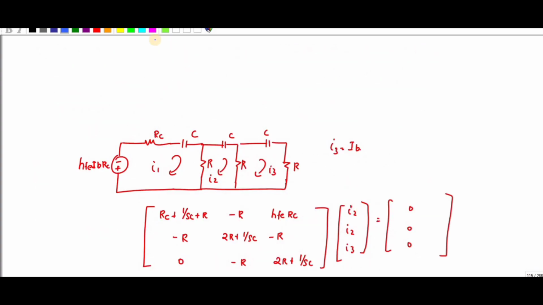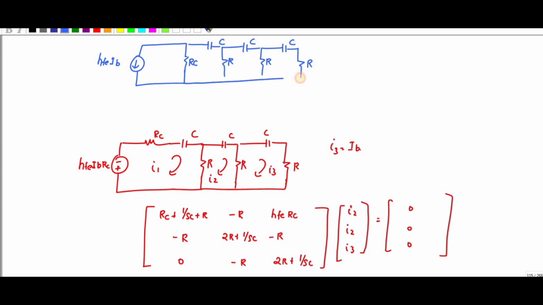Now I can read out the circuit like HFE IB, RC, followed by CR, then CR, right? So now I can replace this current and resistance by this.